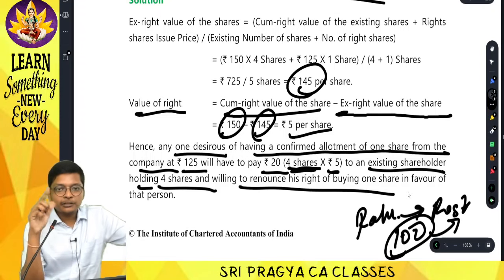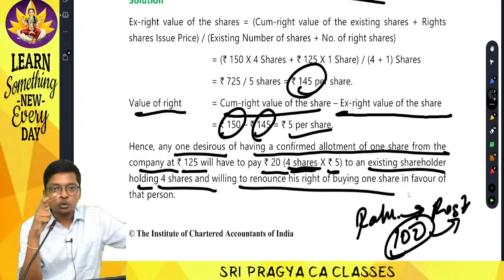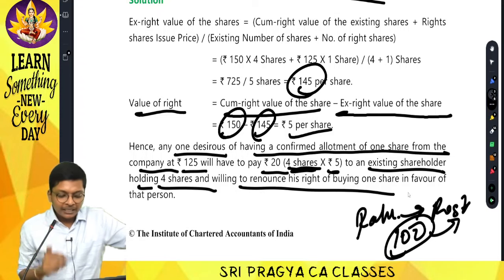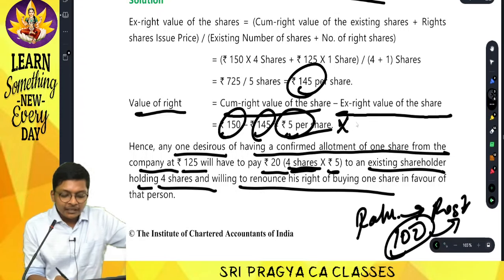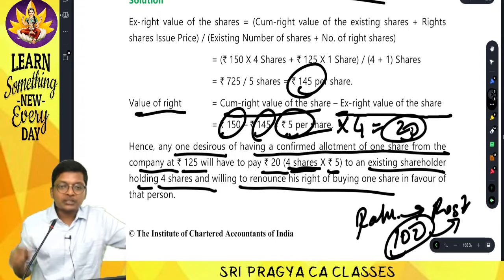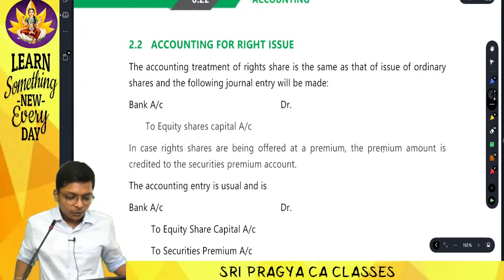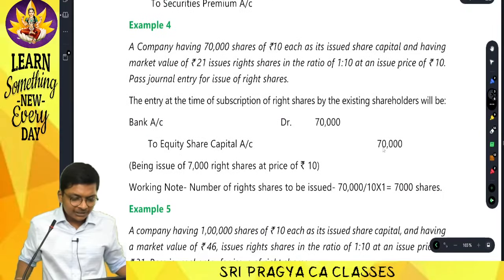As in the previous case, Roshan, who was unhappy, sold the rights for 100 rupees to Rahul. Here, since the value of a right is 5, 5 into 4 shares, for 20 rupees, this can be sold to somebody else. Are you following, guys? So this is about it.